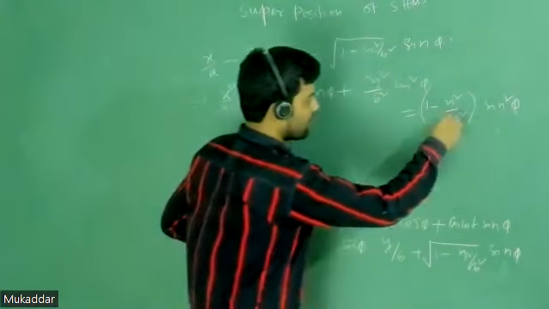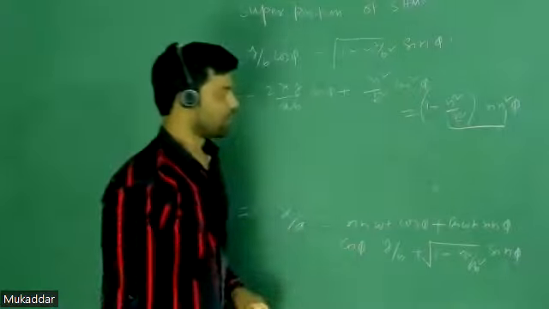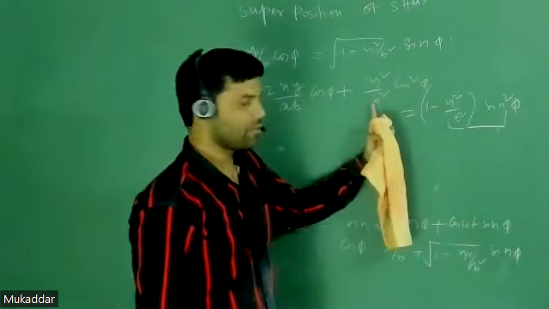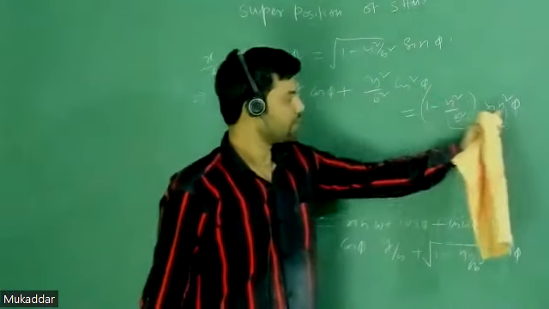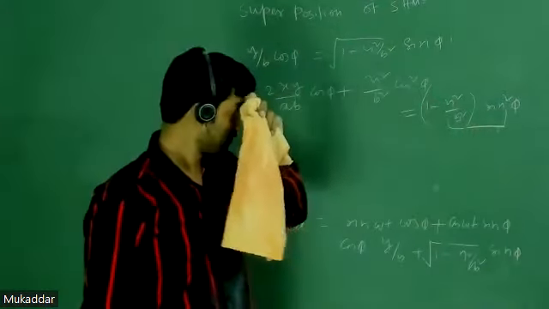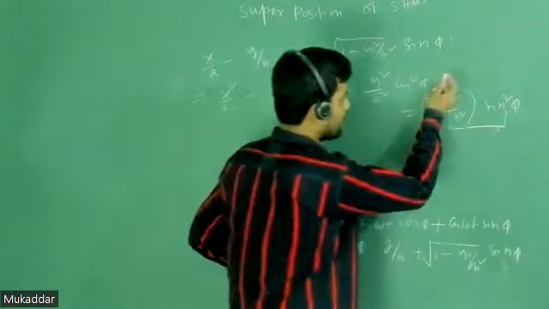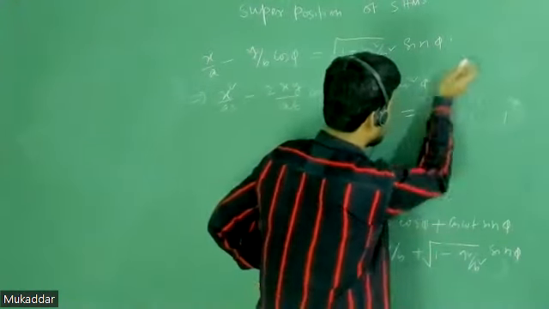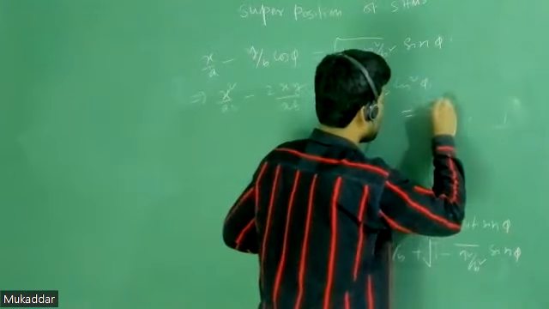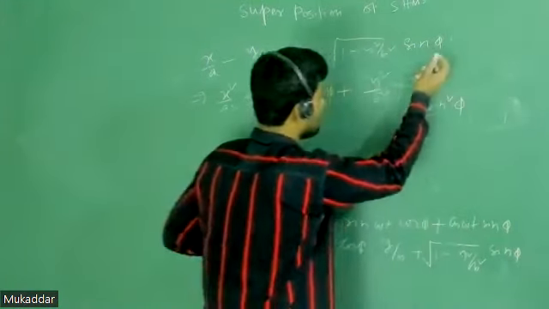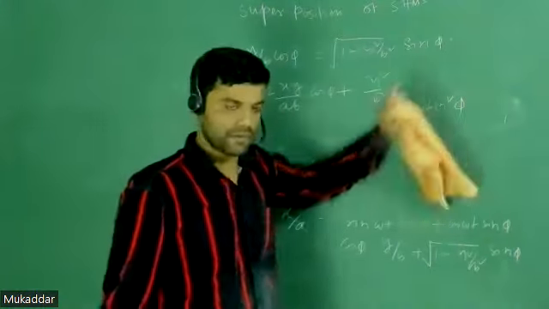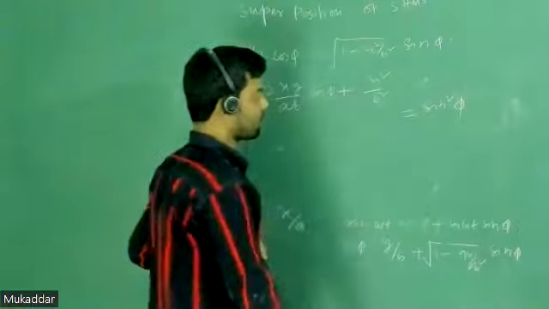Now if you bring this term on the left hand side, so you have y square by b square common, cosine square plus sine square, that will be how much? 1. So basically I can bring this term on the left hand side, and you'll have remaining here simply sine square phi, and then this cosine square factor will be absorbed, because that will be cosine square phi plus sine square phi, that will be nothing but 1, so you'll have factor y square by b square.